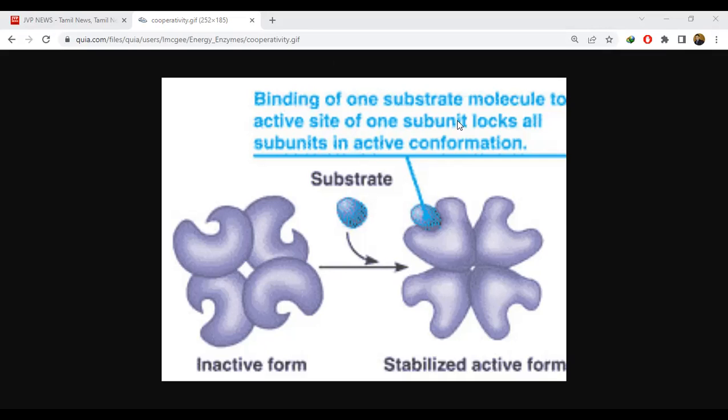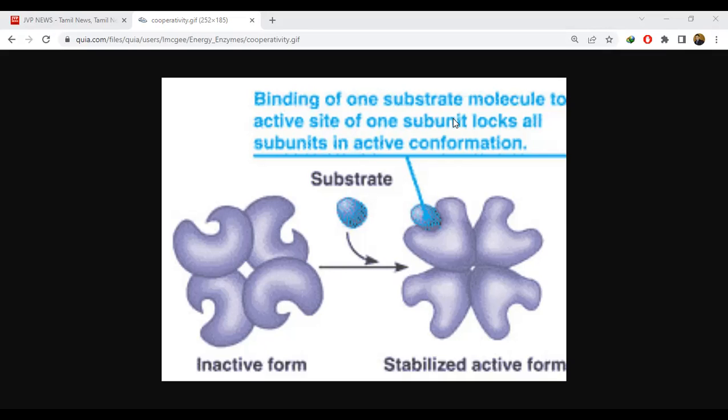No need of the allosteric site. Understood? Binding of the substrate to the active site activates all the subunits to be in the correct form to accept other substrate molecules. Clear?